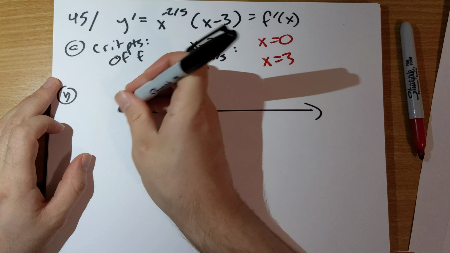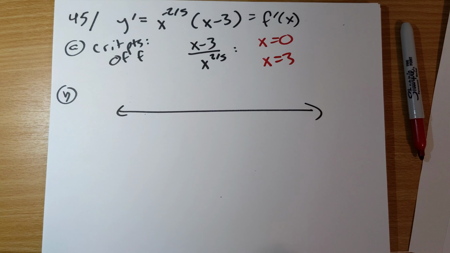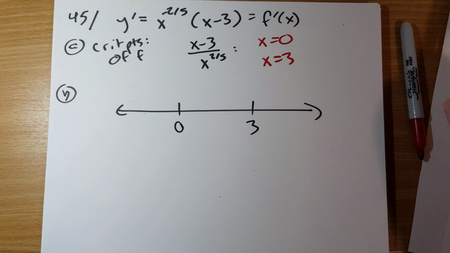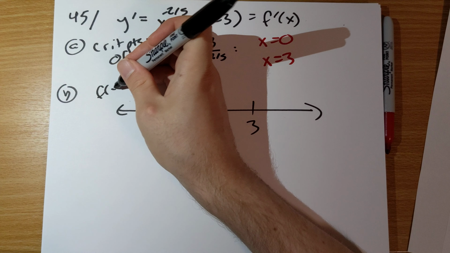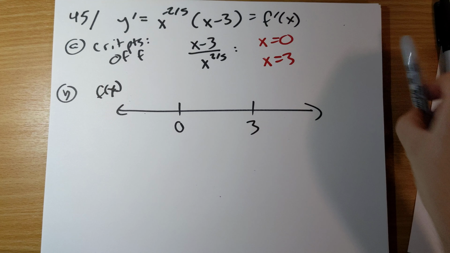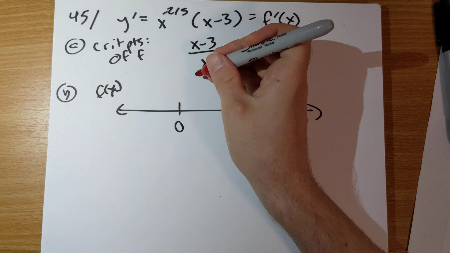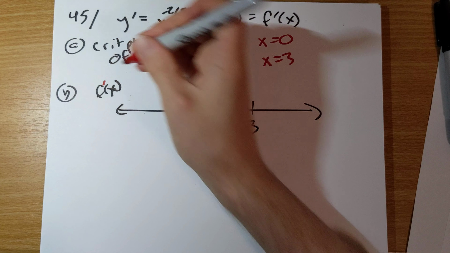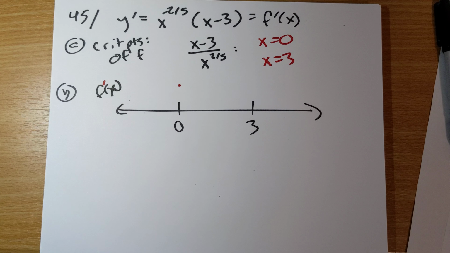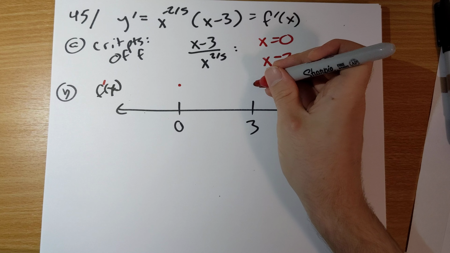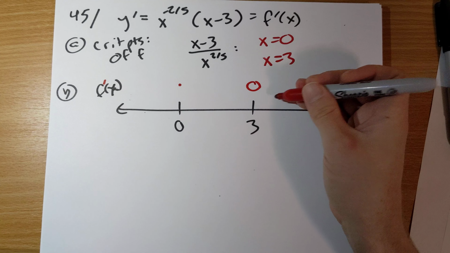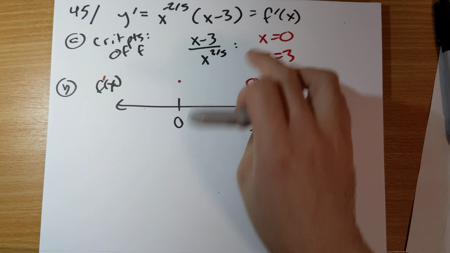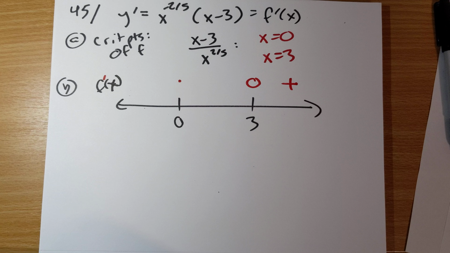For part B, intervals where f is increasing or decreasing. Okay, so f prime, let me put a prime there, is undefined at 0. It's equal to 0 at 3. If x is bigger than 3, like 5, 5 minus 3 is positive, 5 to the 2/5 is also positive. It's positive over here.